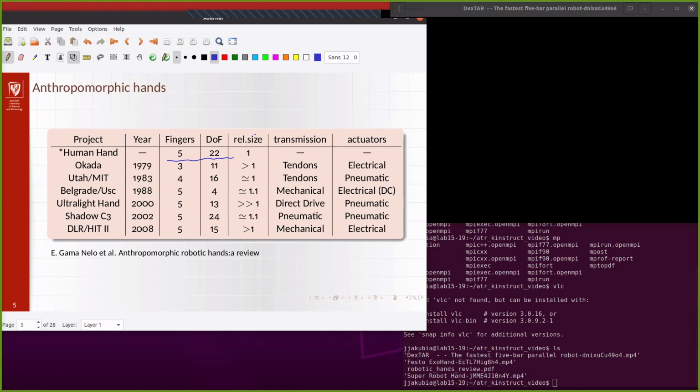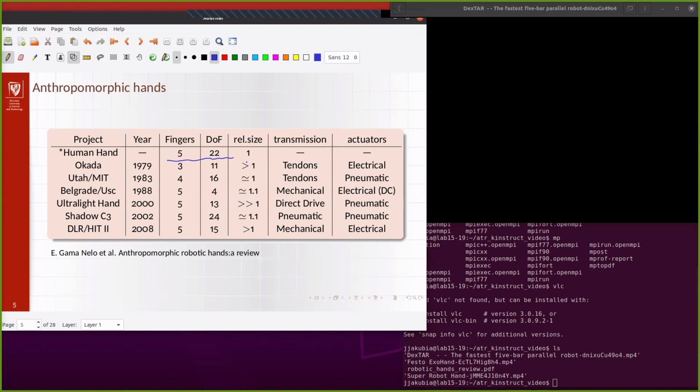But as you probably know, when you have more degrees of freedom, it usually means that if you want these degrees of freedom to be fully independent, each of them must be associated with its own actuator and its own transmission, because you usually cannot place the actuators so close to the joints, especially in the fingers, if you want to keep their size.